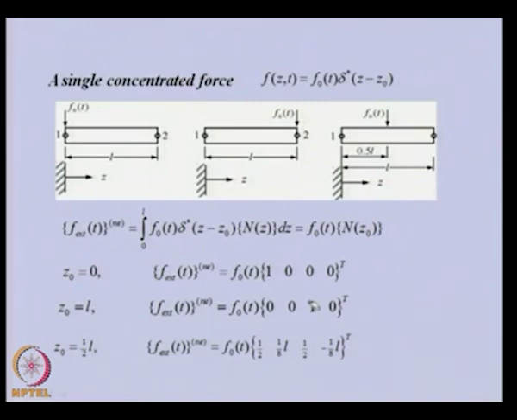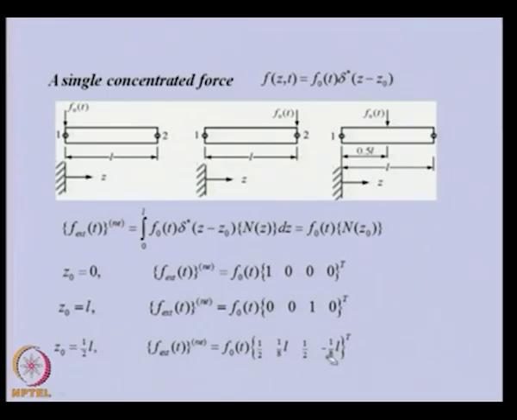This is for the force at node 2. But if we keep this particular force at the middle, then you will find that all the terms, including the moment terms, will not be 0, and this is a consistent force vector for the concentrated load. So, half of this is coming here and here as a force, but apart from that moments are also coming.